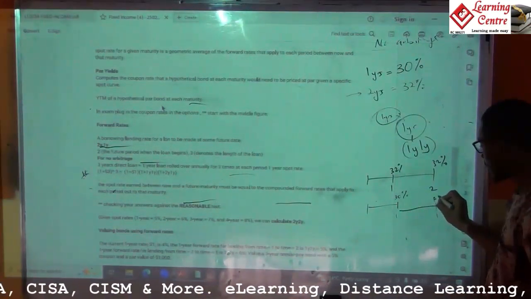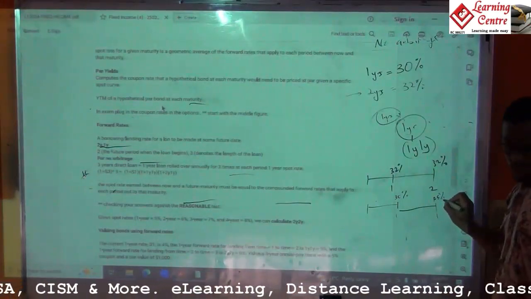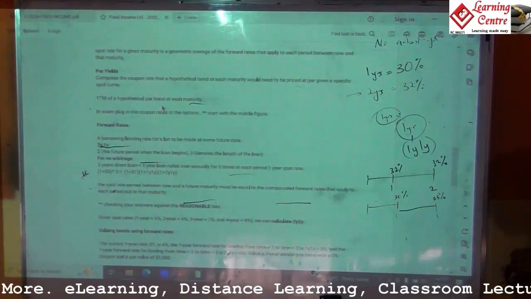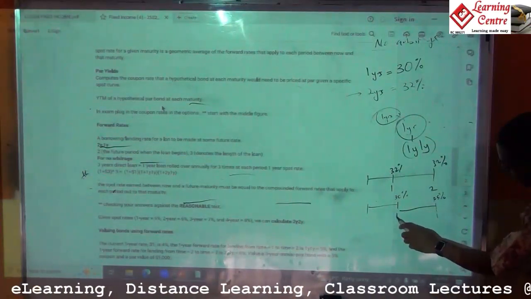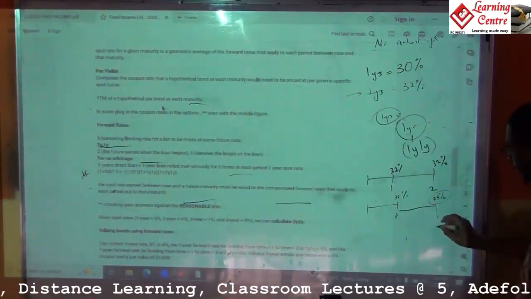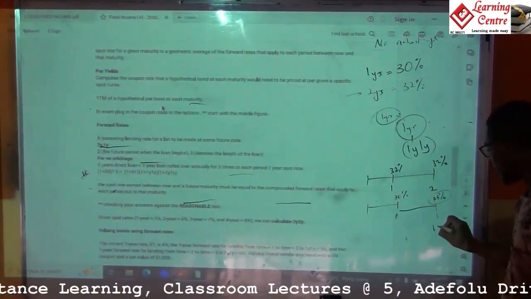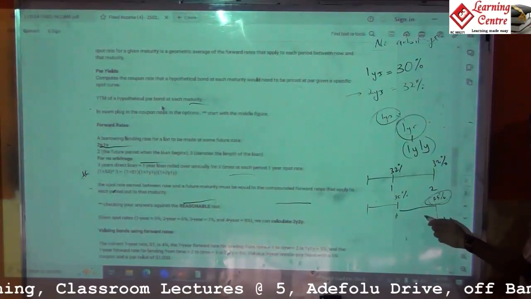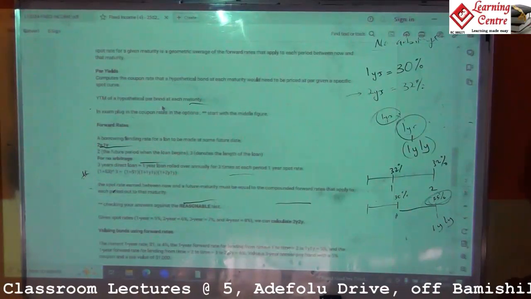At that point, they will tell me it is 35%. If I'm running the contract this way, this 35% right here is the rate for a 1 year loan that will start in 1 year's time. Forward rate.